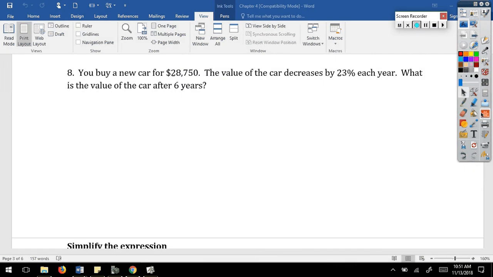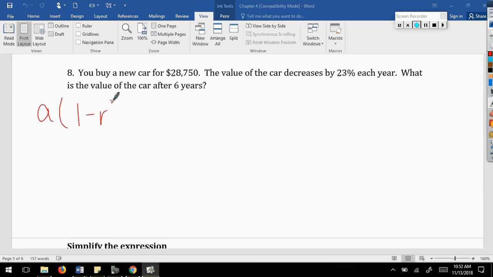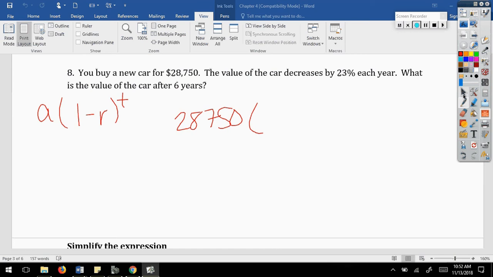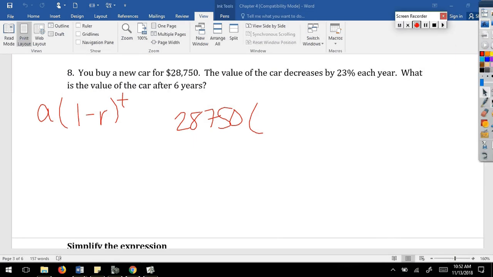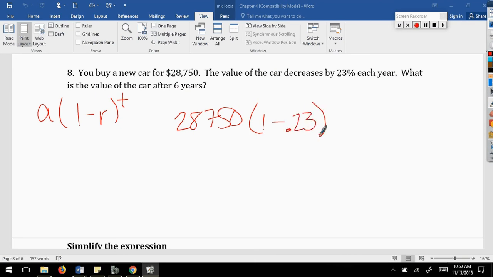Number 8 deals with depreciation, which means I'm using the simple formula 1 minus r to the t. So I start at $28,750 times, this time I'm going to do subtraction inside. So 1 minus, again it still is a decimal, 0.23 to the 6th power.